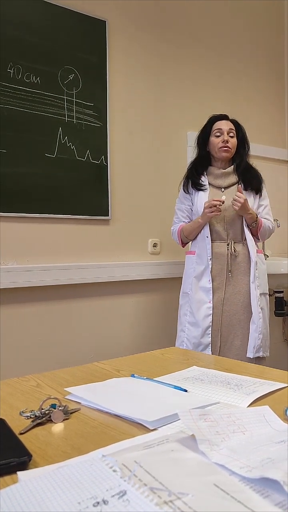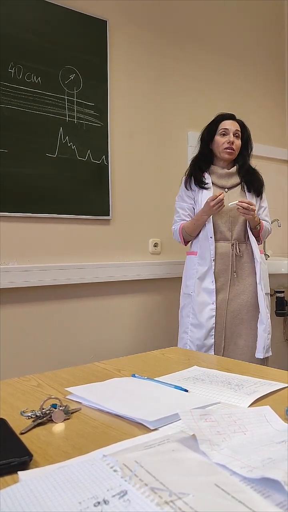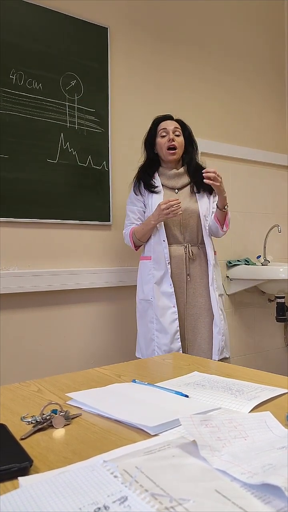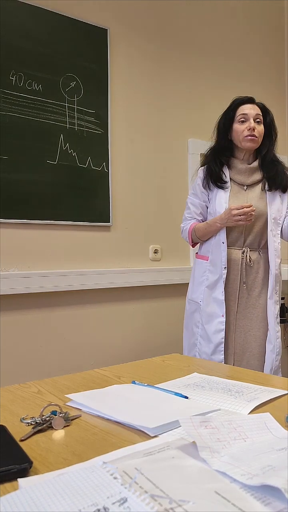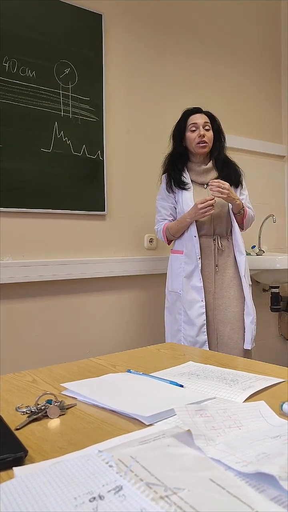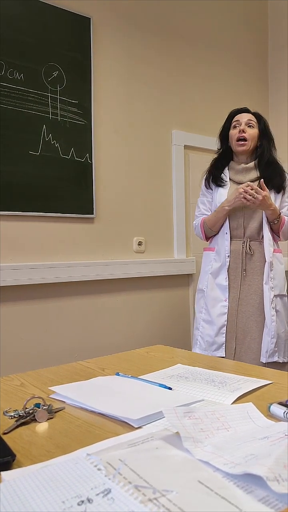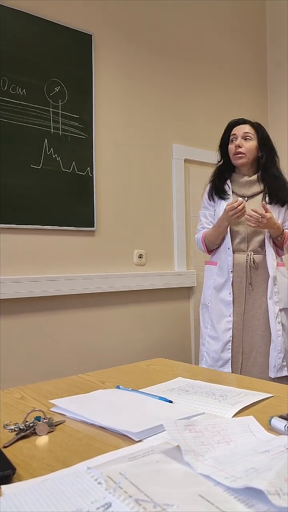Equal, the same or different in different nerve fibers? Different. A nerve includes fast nerve fibers with rapid propagation, with medium velocity and slow velocity.